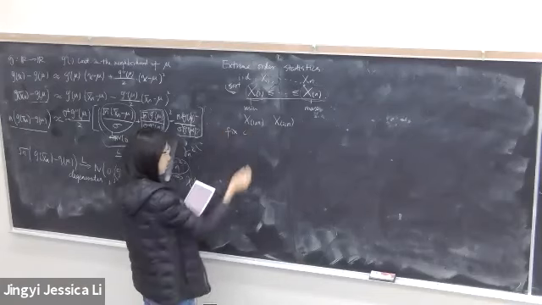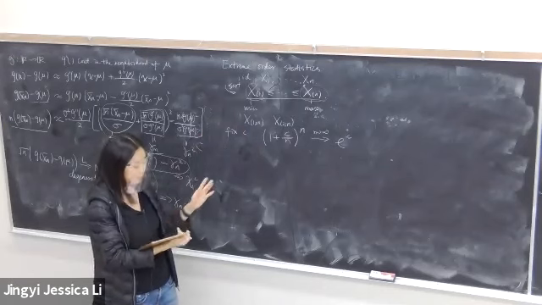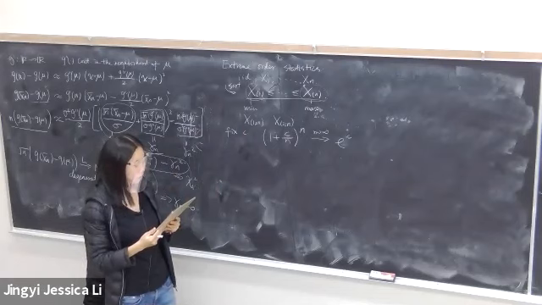If we have 1 plus c over n to the power n, we know it has a limit, and the limit is just exponential c as n goes to infinity. The limit has nothing to do with n anymore, and that's what we want. We are going to use this result a lot in our derivation of the asymptotic distributions for the extreme order statistics.